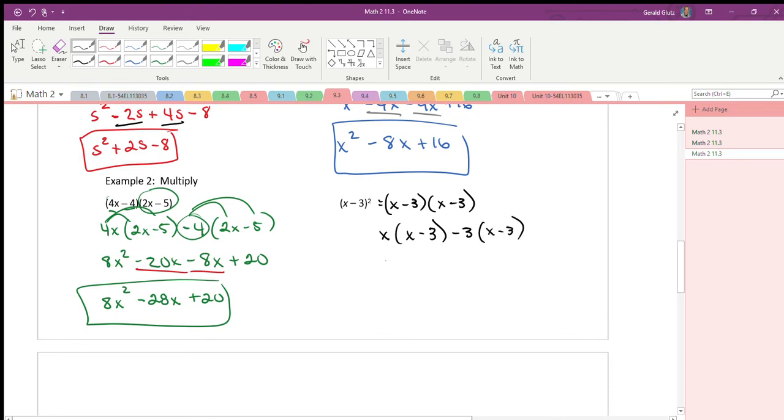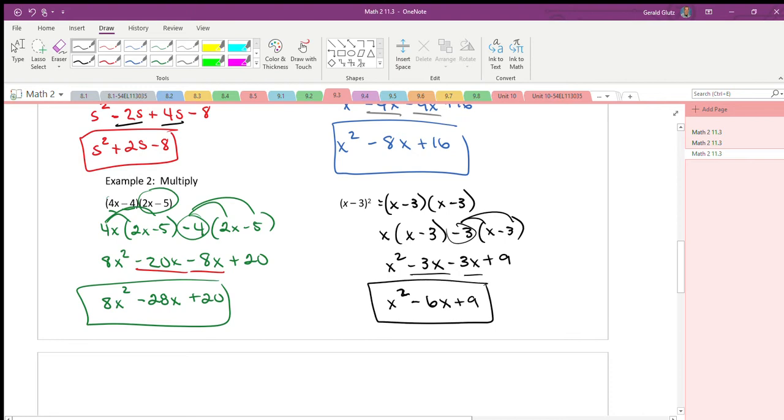So x times x is x squared. x times negative 3 is negative 3x. Negative 3 times x is negative 3x. Negative 3 times negative 3 is plus 9. So these are our like terms here. So x squared, negative 3x minus 3x is negative 6x, plus 9.